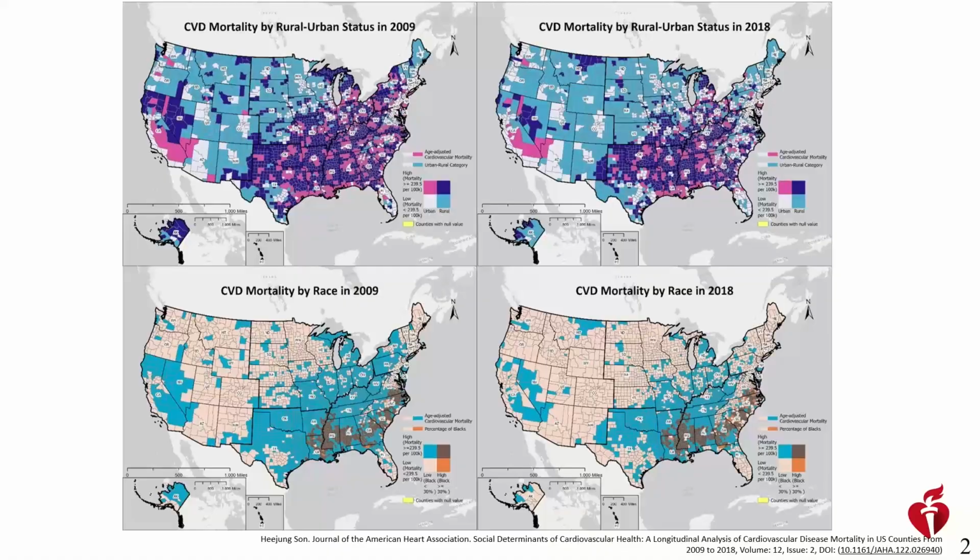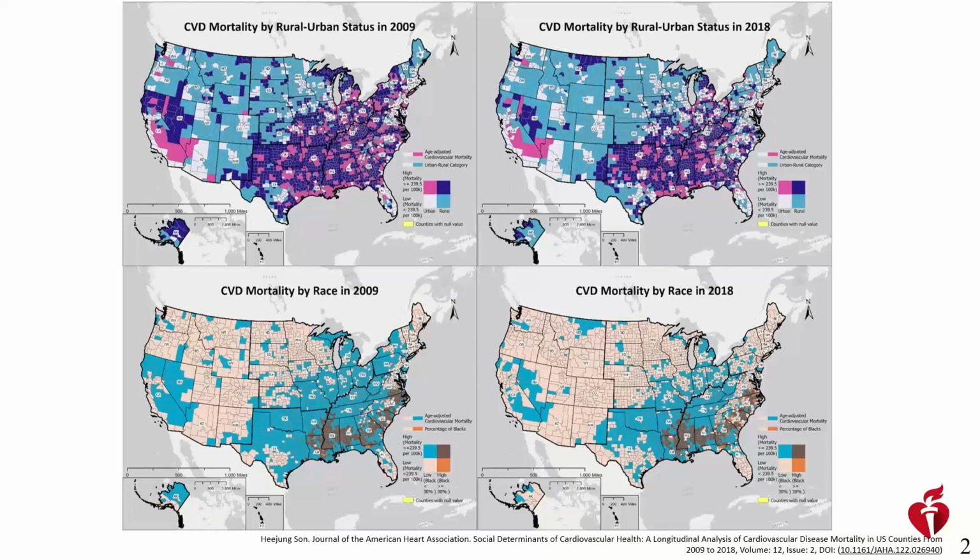This graph shows you the rural-urban status in 2009 compared to 2018. And you can see that in the top frame, in this part of the United States that we're talking about, there has been some improvement in cardiovascular mortality over the last couple of decades.